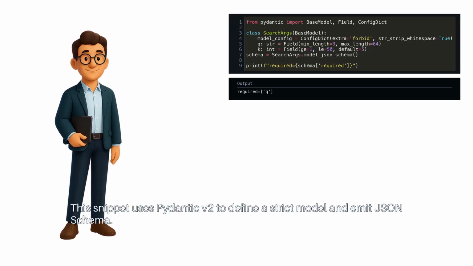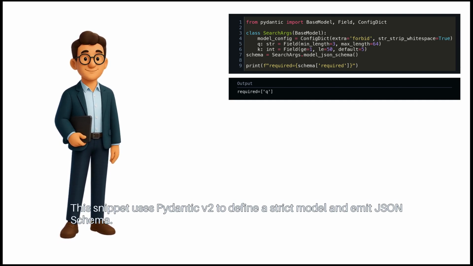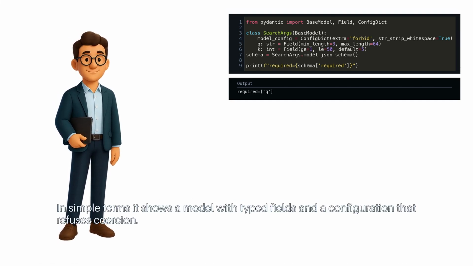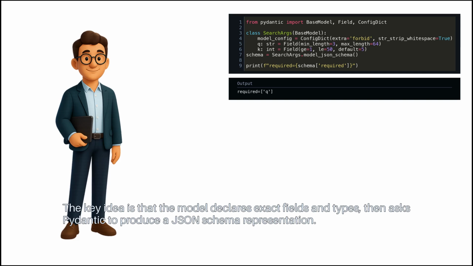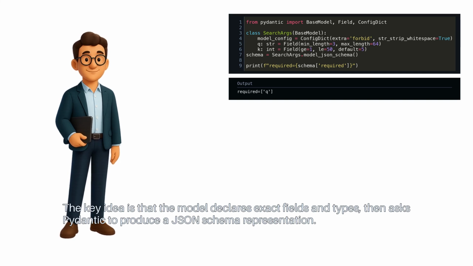This snippet uses Pydantic v2 to define a strict model and emit JSON schema. In simple terms, it shows a model with typed fields and a configuration that refuses coercion. The key idea is that the model declares exact fields and types, then asks Pydantic to produce a JSON schema representation.